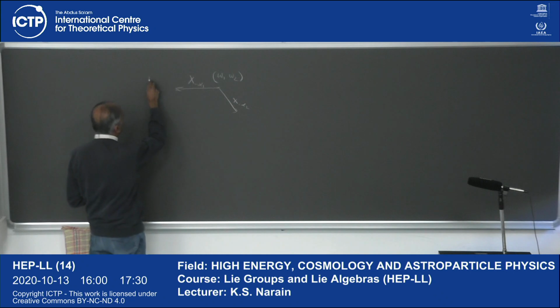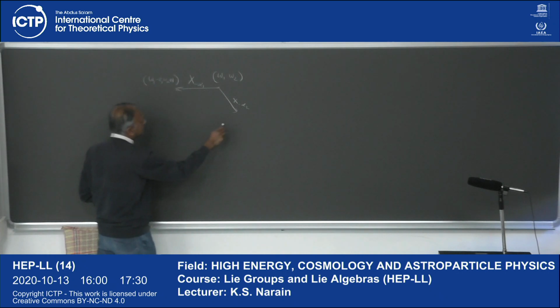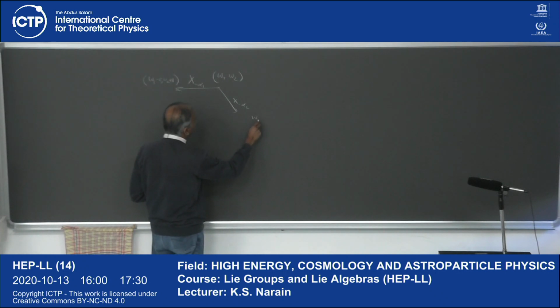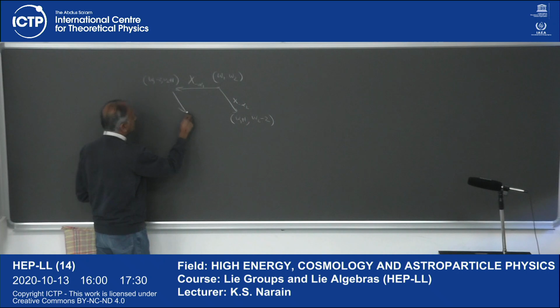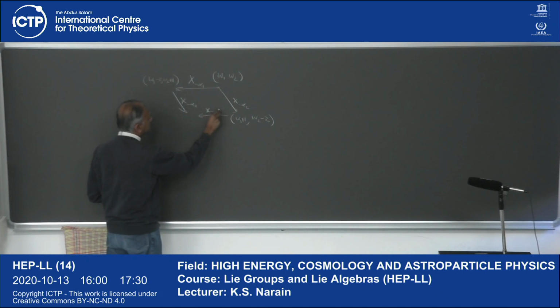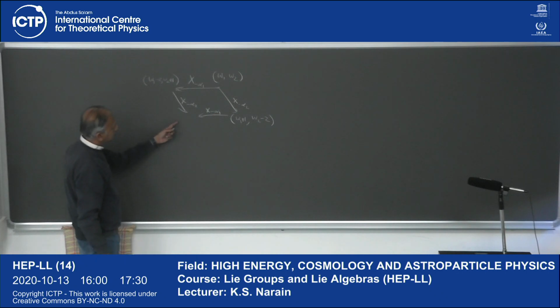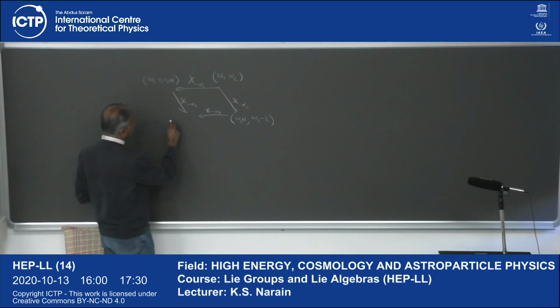So this will be W1 minus 2, W2 plus 1, and here it would be the other way around, W2 minus 2, W1 plus 1. And now I apply x minus alpha 2 and x minus alpha 1. So here I will get W1 minus 1, W2 minus 1.